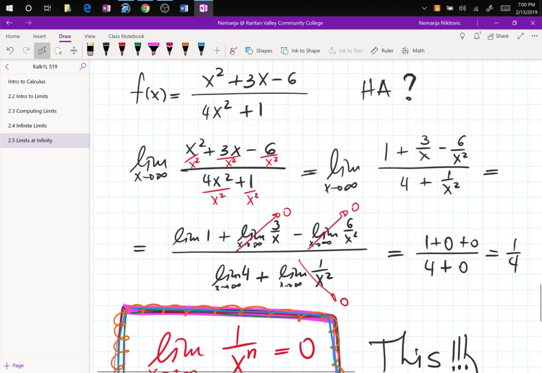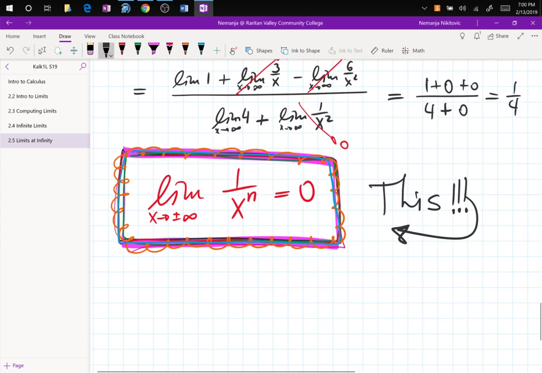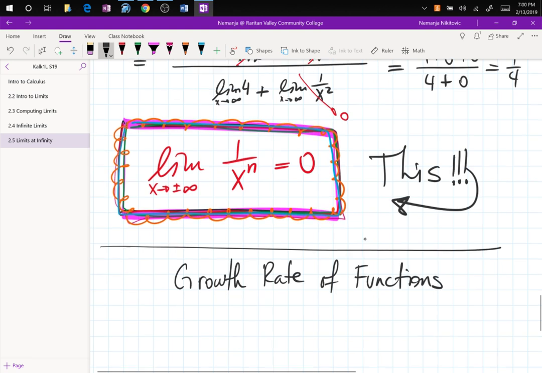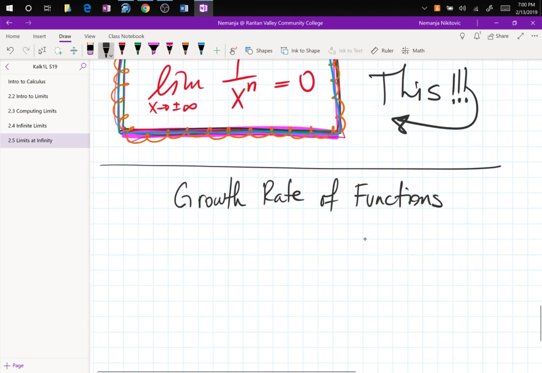So, growth rate of functions. This is important because it speeds up your taking the limits.